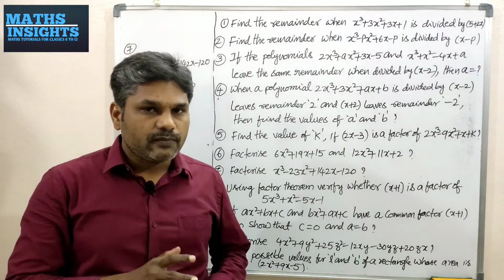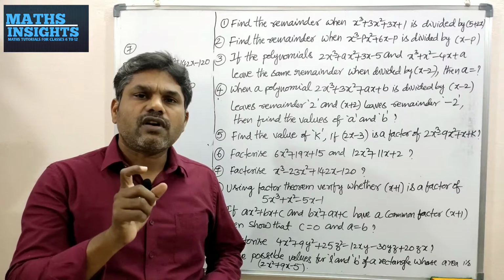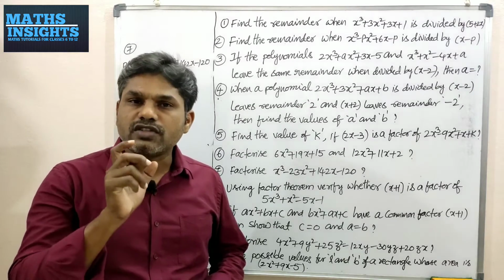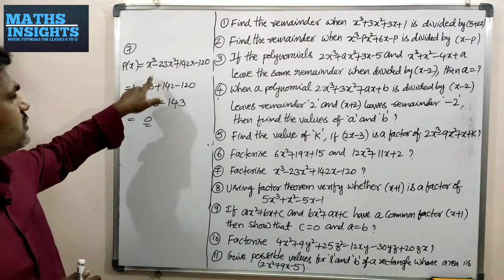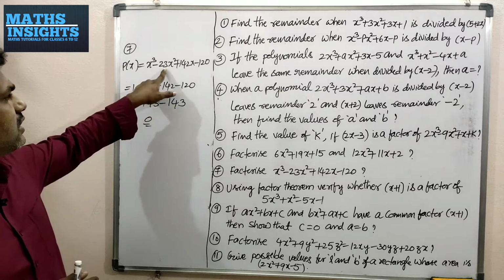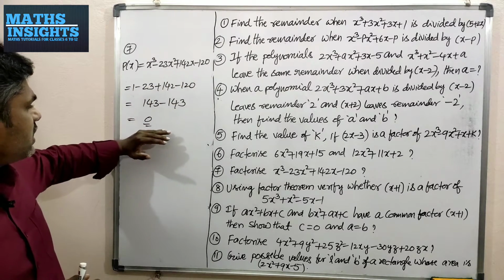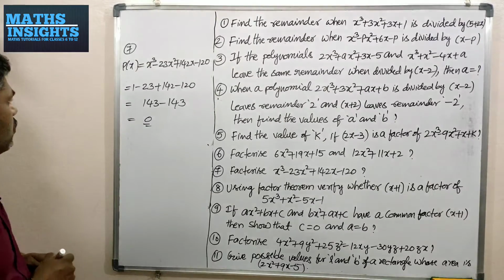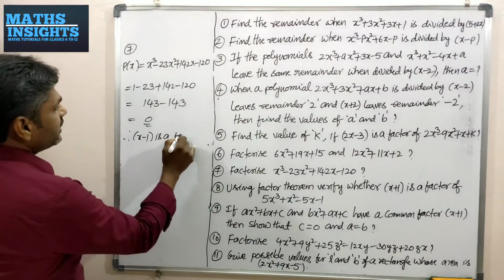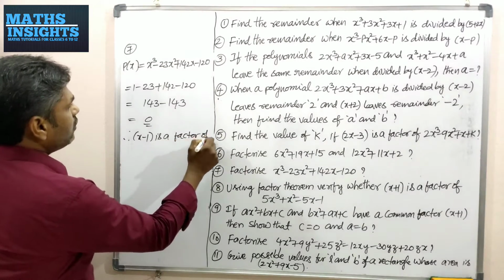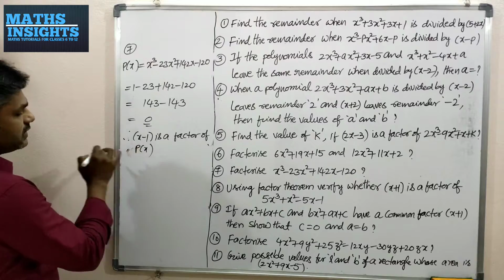Again I am repeating, if the sum of all coefficients of a polynomial is 0, taking all the coefficients, 1 minus 23 plus 142 minus 120, I am getting 0. Therefore x minus 1 is a factor of p of x. You may write like that.